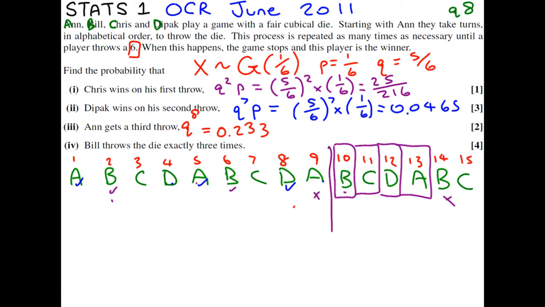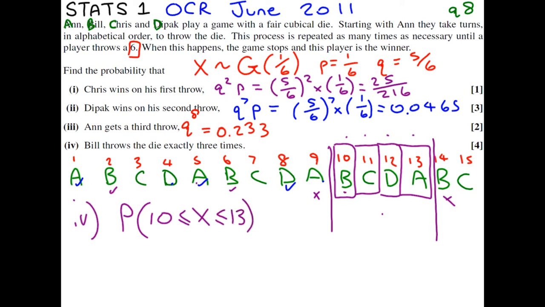So we want to find a way to find the probability of this. Obviously you can just add them all up and get the probability, but I'm going to show you a slightly different way. I'm going to be looking at the probability that x is greater than or equal to 10 and less than or equal to 13.